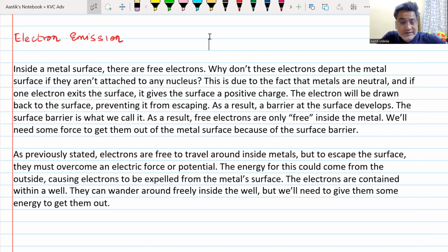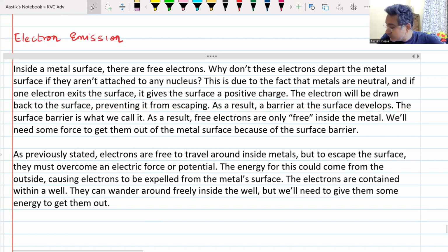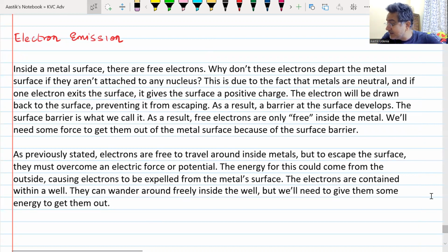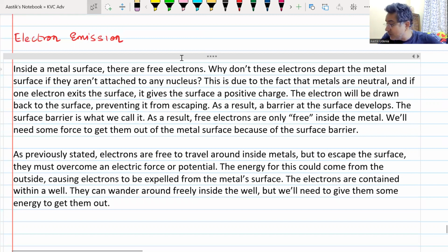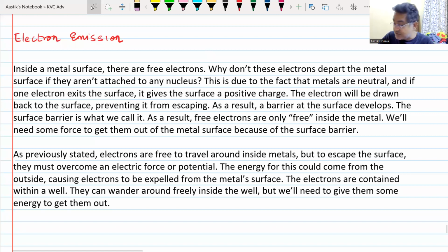They just cannot leave the metal surface. If you give them sufficient energy, they might leave this metal surface and become free.